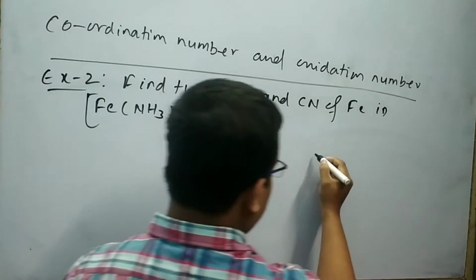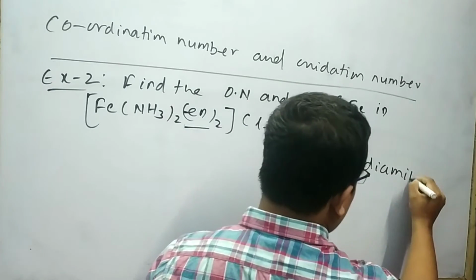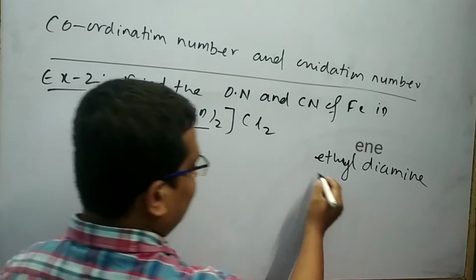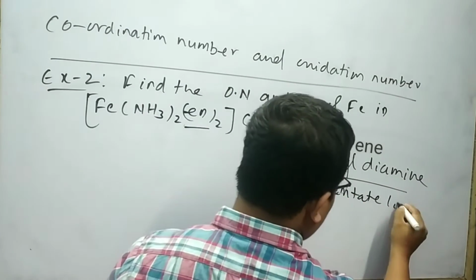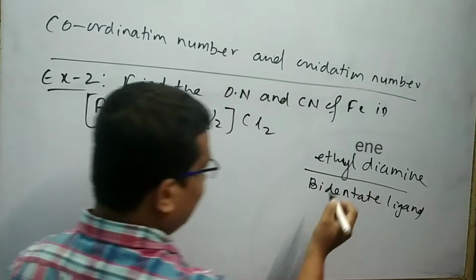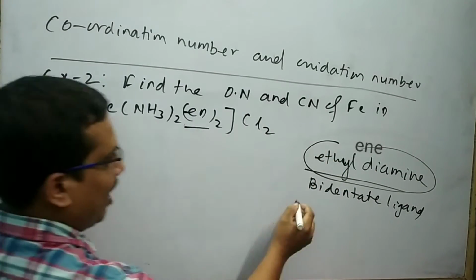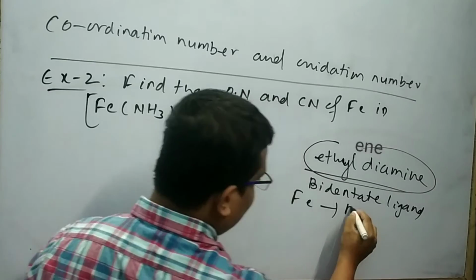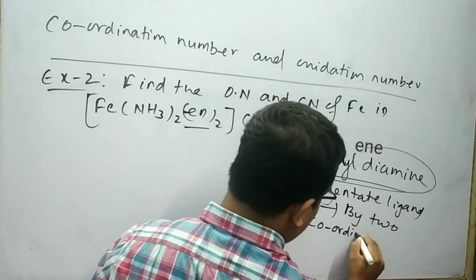Here en means ethylenediamine. This is a bidentate ligand, that means this ligand is connected to the central atom iron by two coordination bonds.